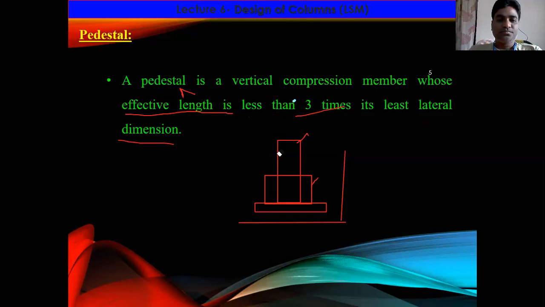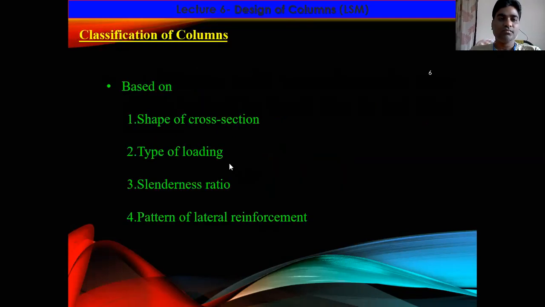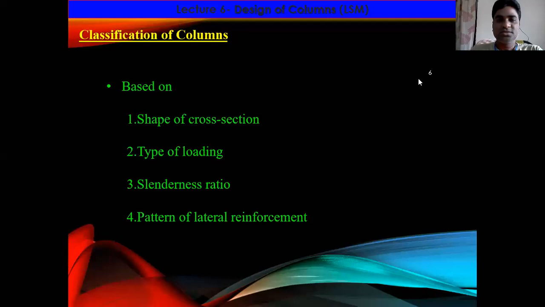Now, coming to the classification. Columns are classified based upon 4 types: based on the shape of the cross section, based on the type of loading, based on the slenderness ratio, and based upon the pattern of lateral reinforcement.